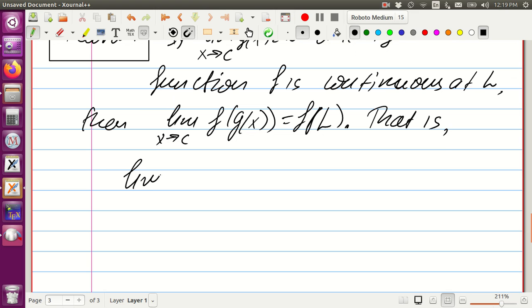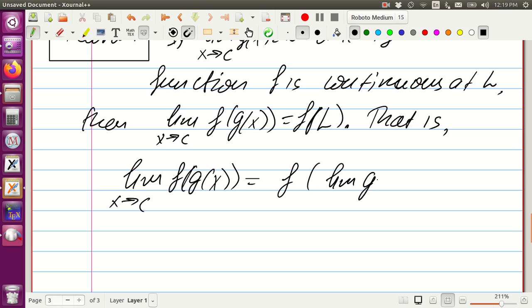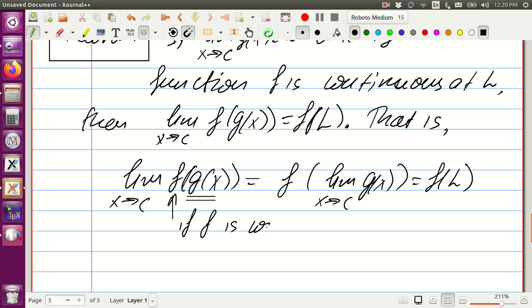The limit of f of g of x when x approaches c is equal to f of the limit of g of x when x approaches c, so is equal to f of L. Basically what it says, we can take the limit and bring it inside if f is continuous.